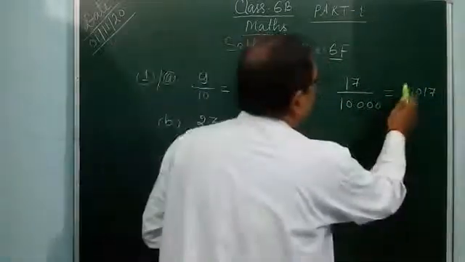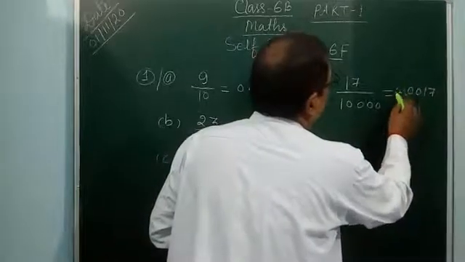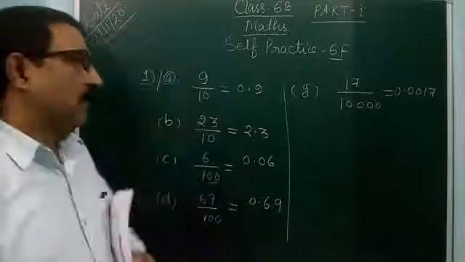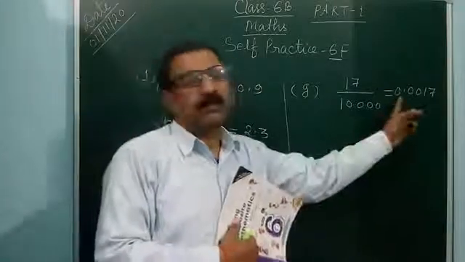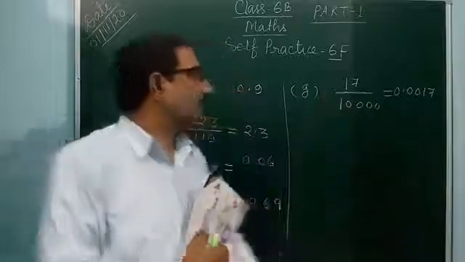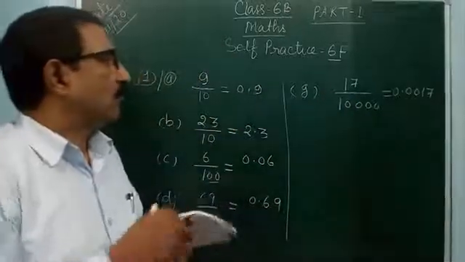As formality you can write 0 before decimal, or even you may leave this, means 0.0017.